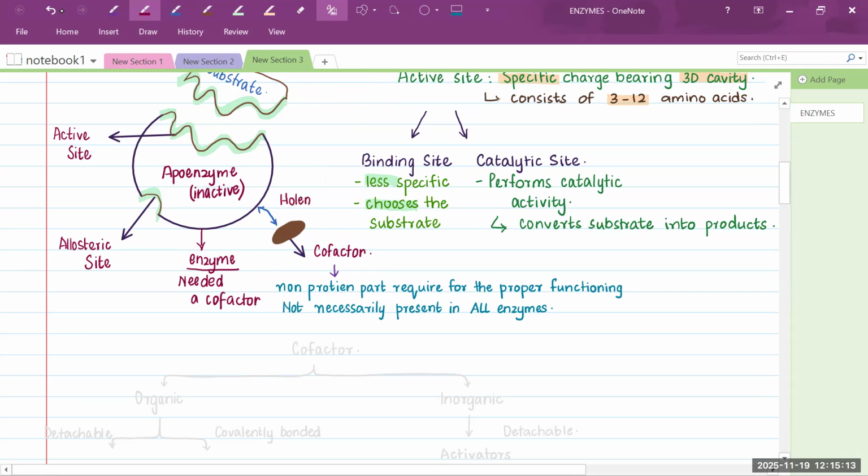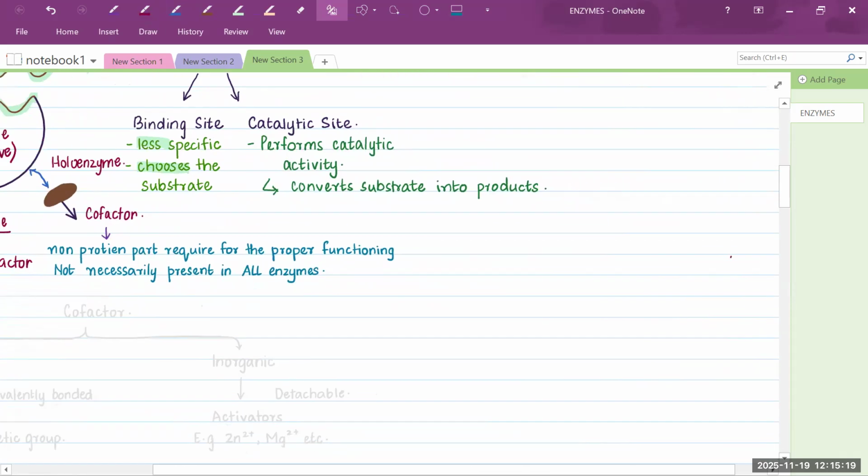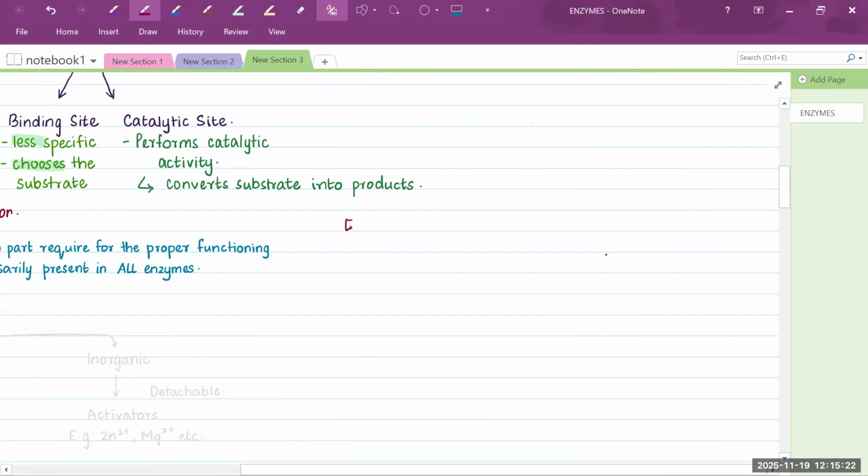Holoenzyme. I can write it down here as well.